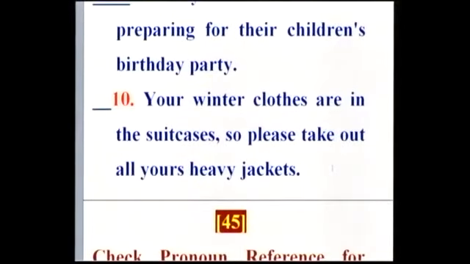Your winter clothes are in the suitcases. محطوطة في الشنط.